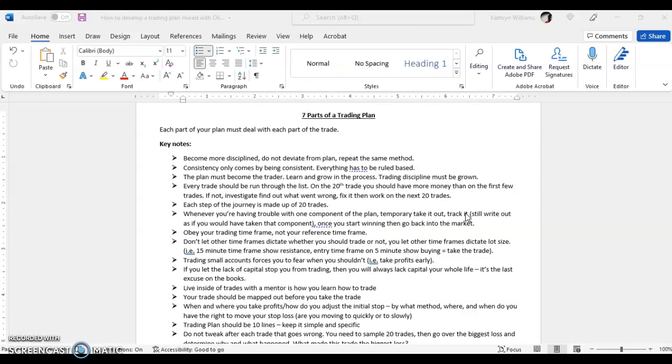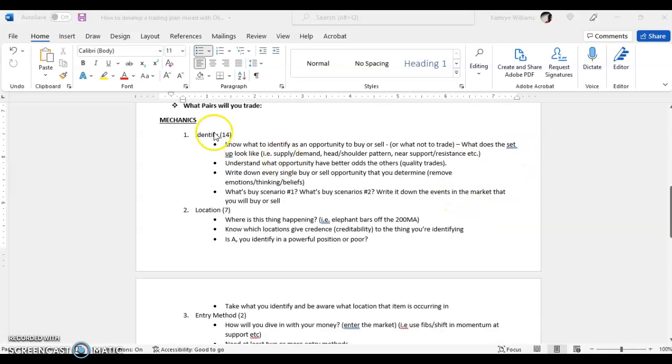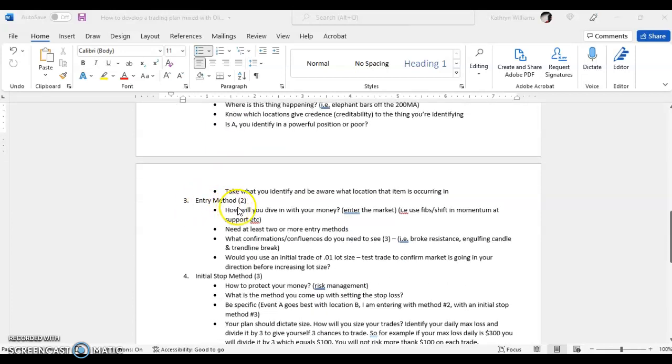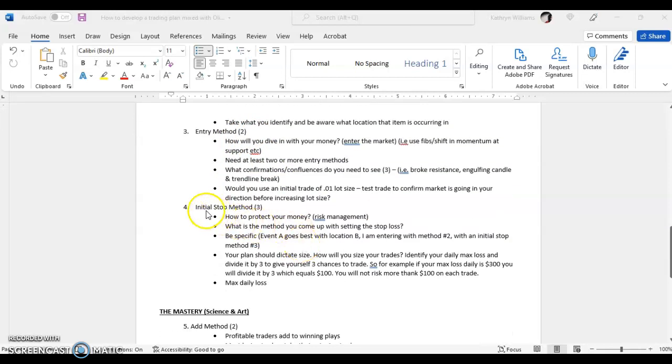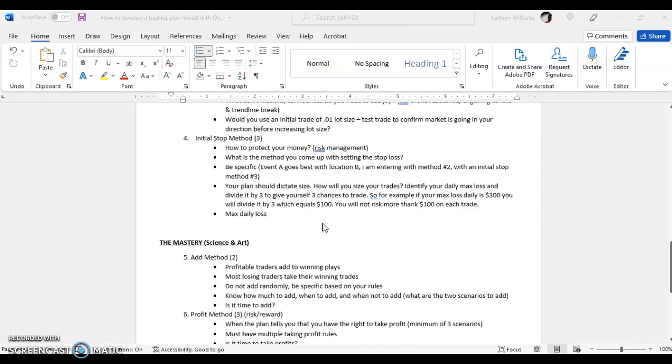And so the plan will typically have at least 7 parts, and it will consist of how you identify your setup and where you identify your setup, how you enter the market. You should have at least 2 entry methods. Where you're going to place your stop loss, so that's risk management. What method are you going to use for setting a stop loss?